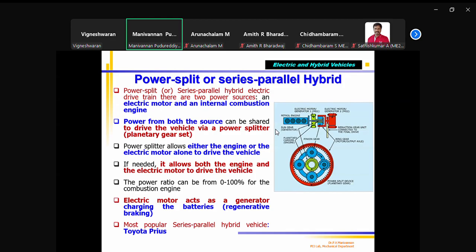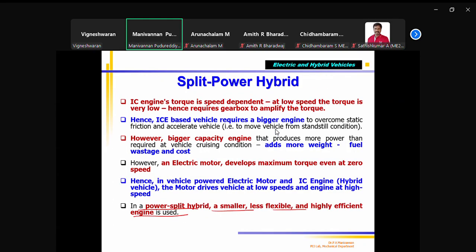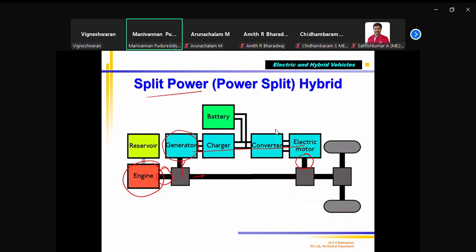So the split power is also called series parallel. Correct? I told you this is called series parallel. Why? Because this can be removed, disconnected. From here, power can go like this. That becomes series. The engine is running and it drives a generator. The mechanical power going directly to the wheel will be stopped. In split power, there is a clutch arrangement that you can remove.